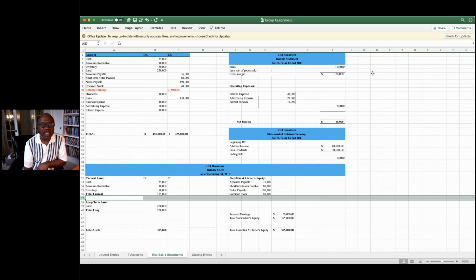So then we did the income statement, took the 130 over, took the 3 expenses over, 60,000. Are there any questions on how to do the income statement? Everybody can do an income statement.